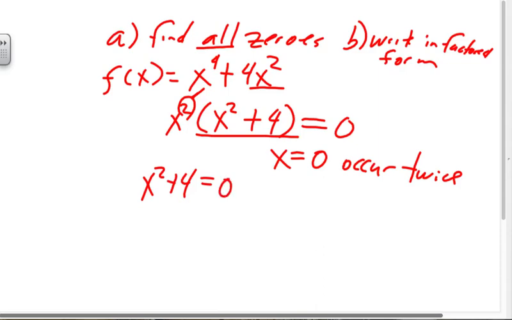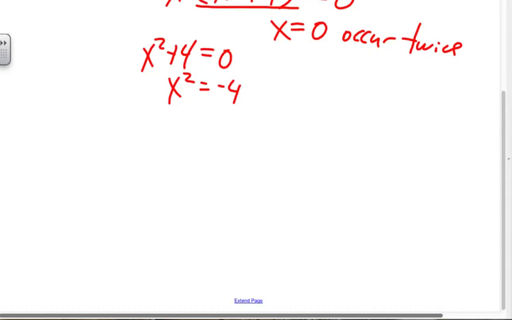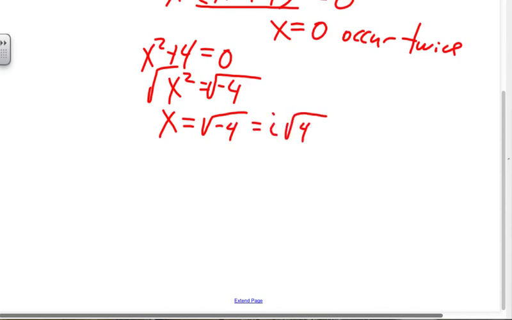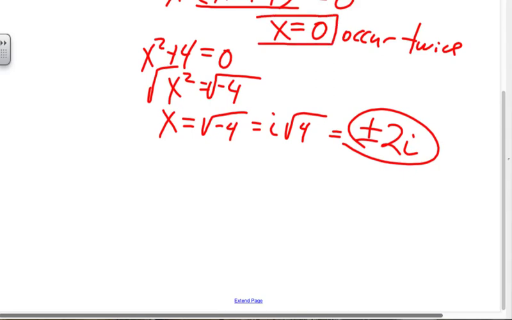Because I don't have an x term, I'm going to do this and then take the square root, so I'm going to have x equals the square root of negative 4, which is going to be i times the square root of 4, which is going to be plus and minus 2i.